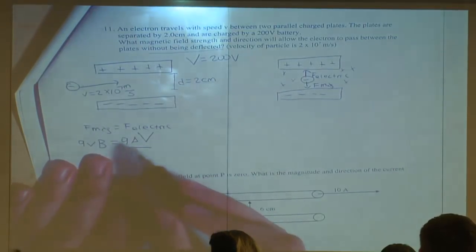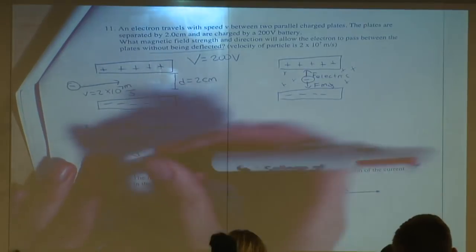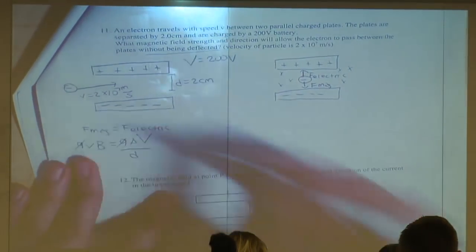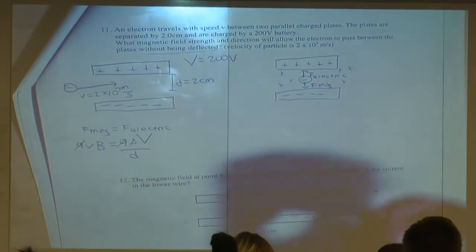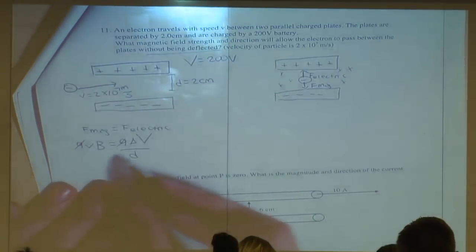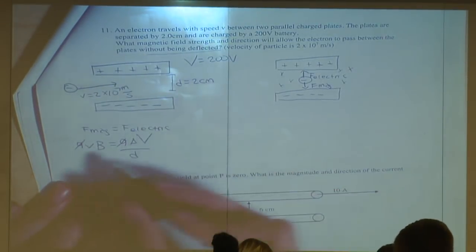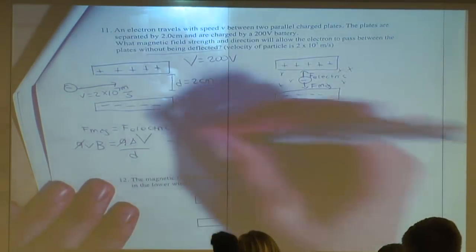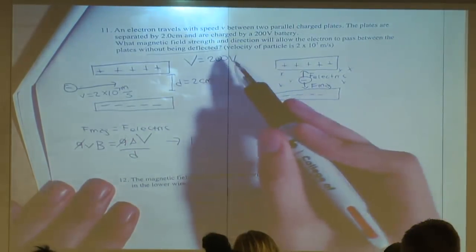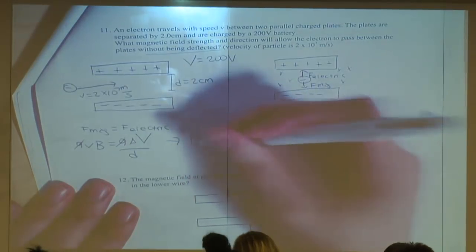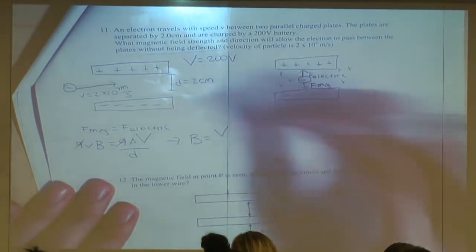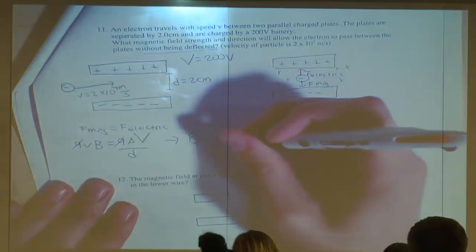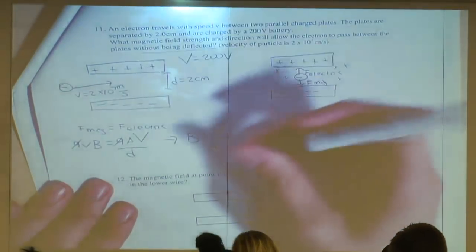We have all these values. We can go ahead and cancel out q on both sides. So we're left with just vB equals delta V over d. If we resolve this, because we want to know the magnetic field strength, B equals the voltage over the distance times the velocity.